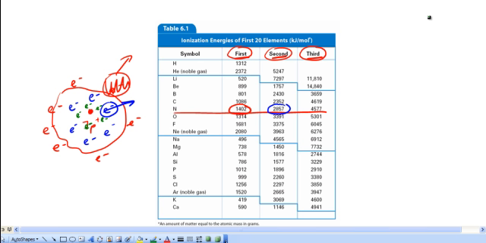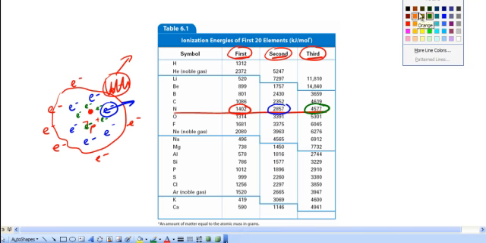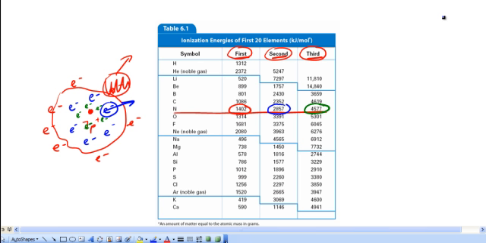But because the electrons are now even tighter to the nucleus, it's even harder to remove them. And so the third ionization energy is much higher yet. So each successive electron is always harder and harder to remove. The reason why, again, is because the electrons are getting closer and closer and closer to the nucleus.